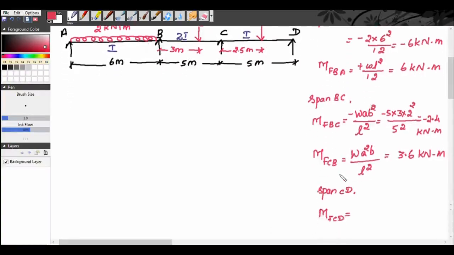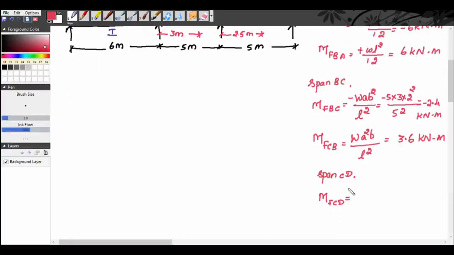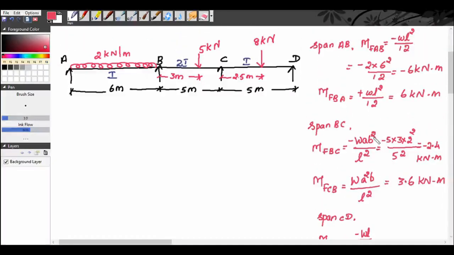So, see in this formula, that is WAB square by L square, you can substitute A is equal to L by 2 and B equal to L by 2. We get WL by 8. Okay, because it is acting at the mid span, A will be equal to L by 2 and B will be equal to L by 2. So, for the span CD, we have a concentrated load at the mid span.